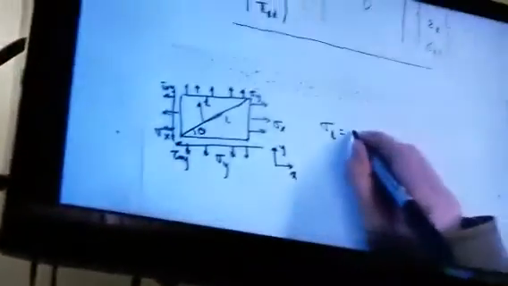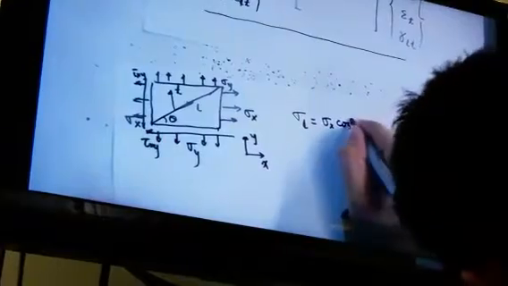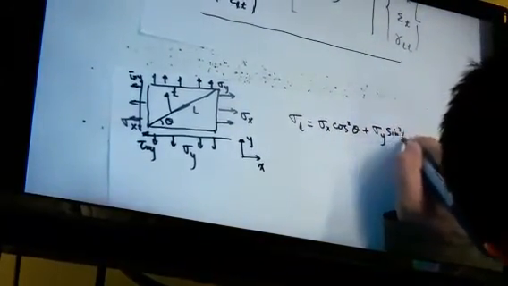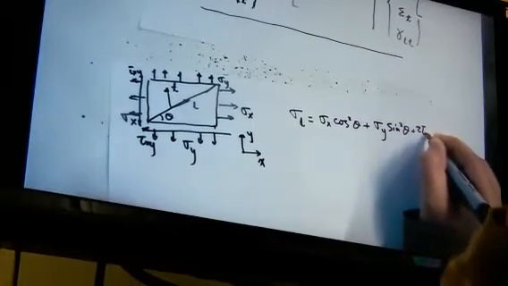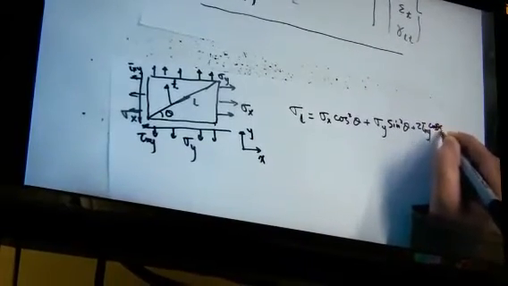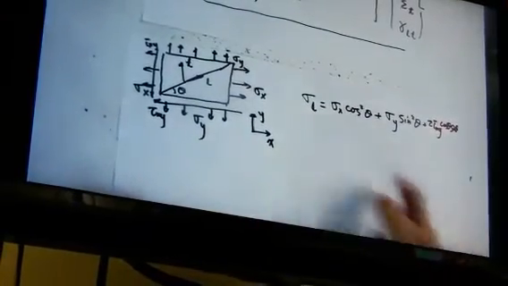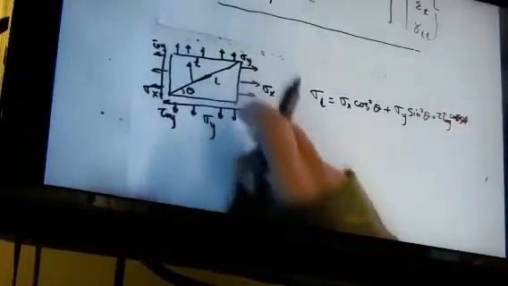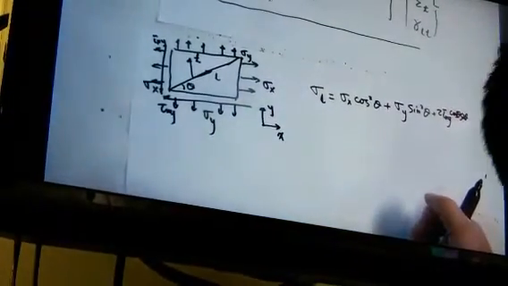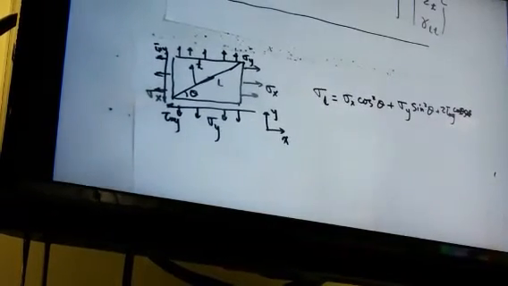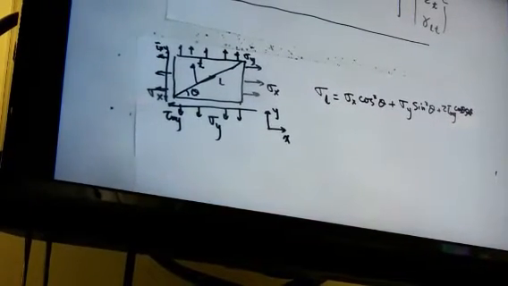The normal stress on the inclined surface is sigma x cosine squared theta plus sigma y sine squared theta plus 2 tau xy cosine theta sine theta. If you go back to check the notes for 321, you will see this equation. When you have stress in xy coordinate and I give you an inclined surface and ask you to calculate the stress components on it, you can use this equation.